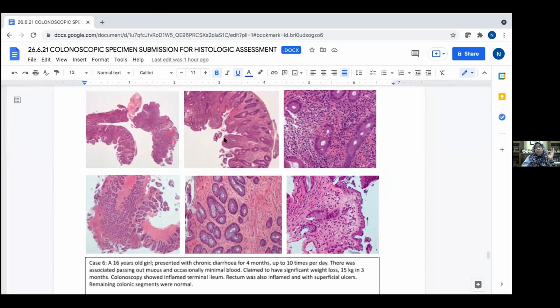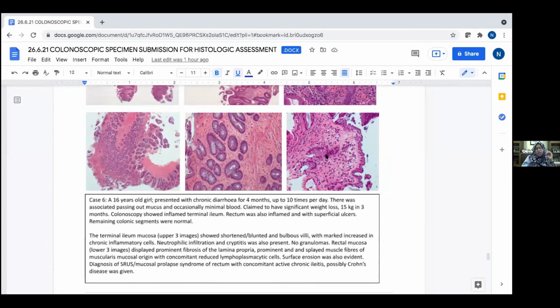I told the clinicians this: we're probably dealing with Crohn's disease, looking at the chronicity change in the terminal ileum, but at the same time, the solitary rectal ulcer is a second pathology, which upon further questioning by the clinicians, the patient did admit to doing digital evacuation of feces.